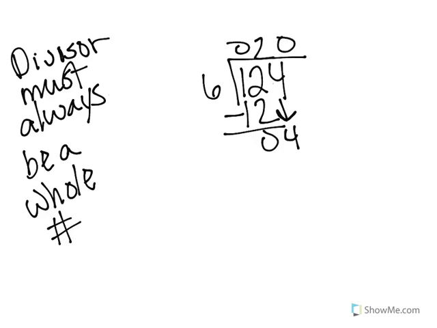Now I know we just got rid of the decimal, but on this problem, I have a remainder. Now there are two ways I could tackle this. One, my answer, quotient, could be 20 and 4/6, or 20 and 2/3.